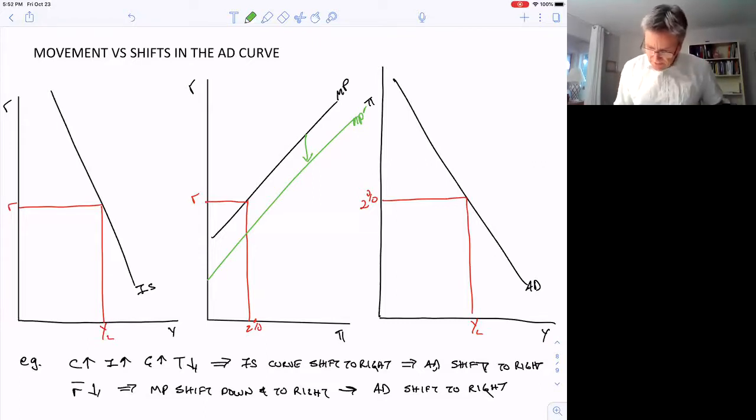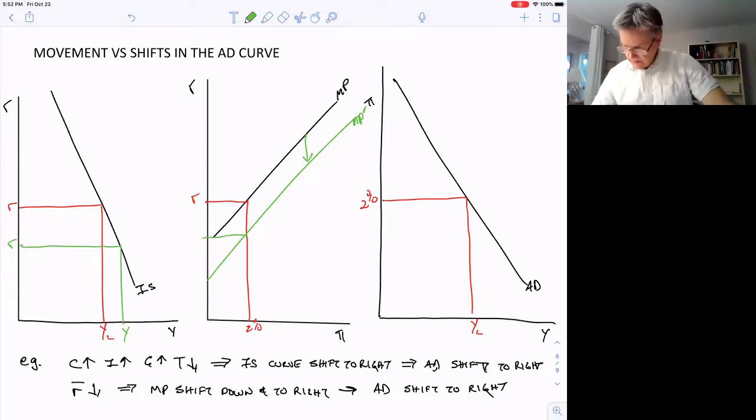That means we have a new real interest rate here that's lower than before. And at that lower interest rate here in green, that will increase investment spending and push us up to Y. And that means we still have a 2% inflation rate.